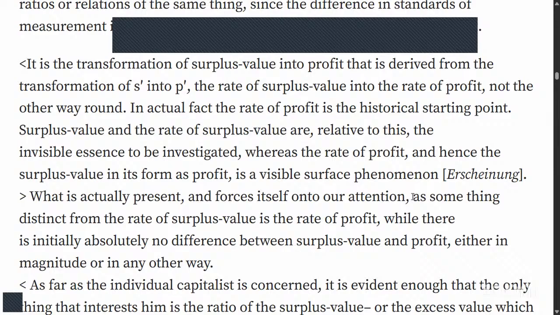Erscheinung, what is actually present, and forces itself onto our attention as something distinct from the rate of surplus value, is the rate of profit, while there is absolutely no difference between surplus value and profit, either in magnitude or in any other way.